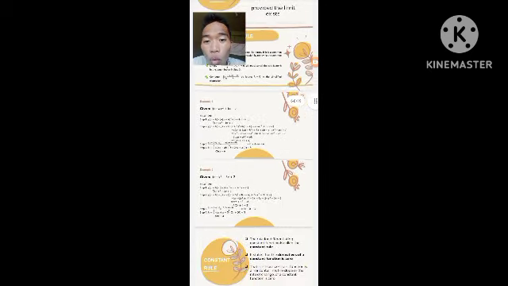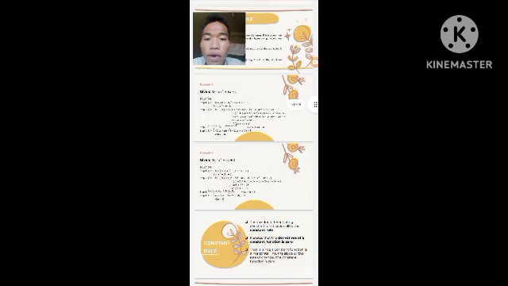So this is example 1. We are given f of x equals ax squared plus bx plus c. This is the solution. In step 1, f of x plus h equals a times (x plus h) squared plus b times (x plus h) plus c, and f of x, which is given, equals ax squared plus bx plus c.